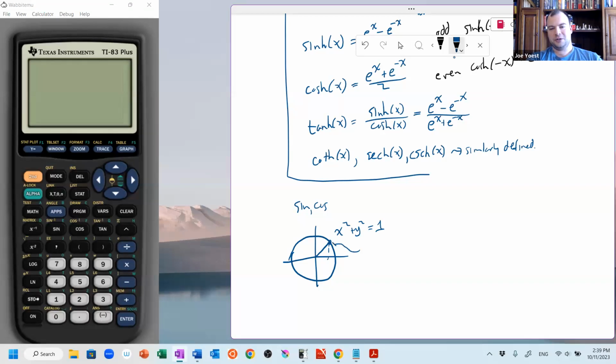So a point on the unit circle relative to an angle theta is cos theta comma sine theta. Well, what if I considered something related to, instead of the unit circle, what maybe we could call a unit hyperbola?